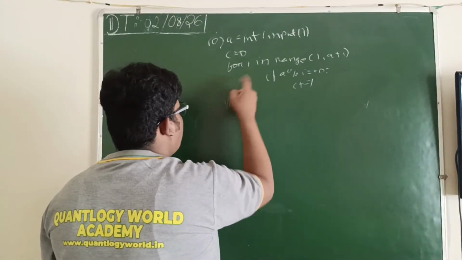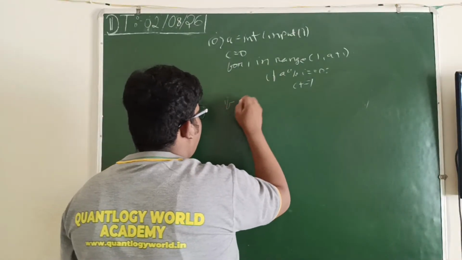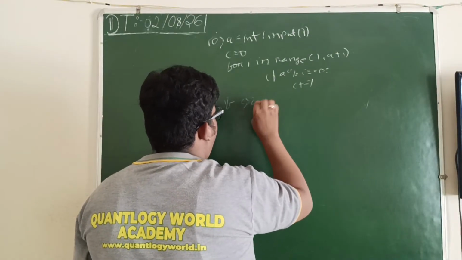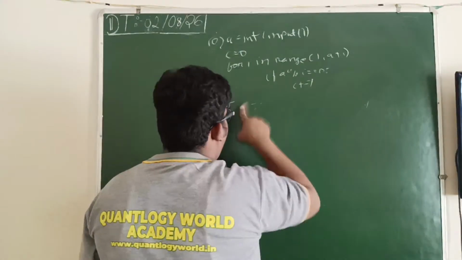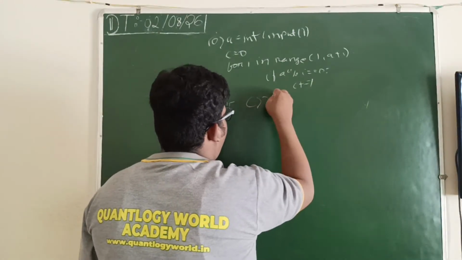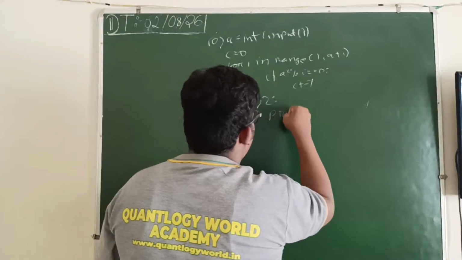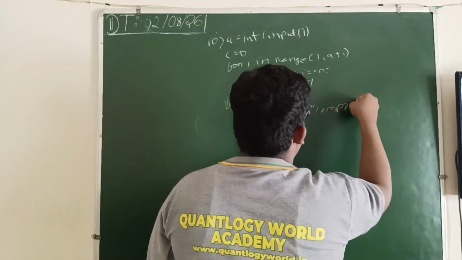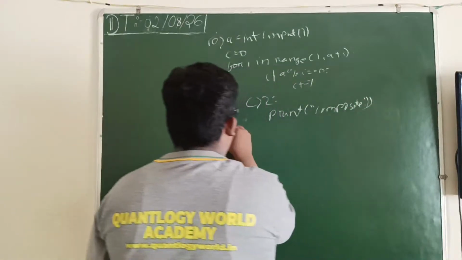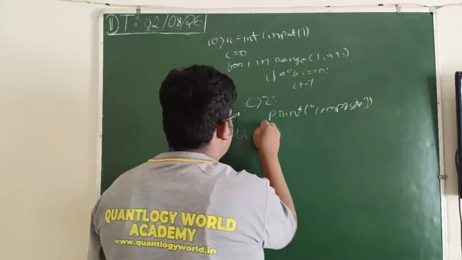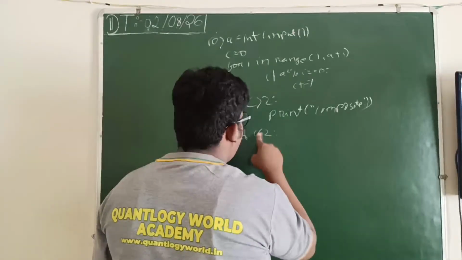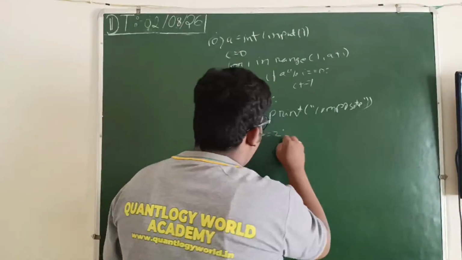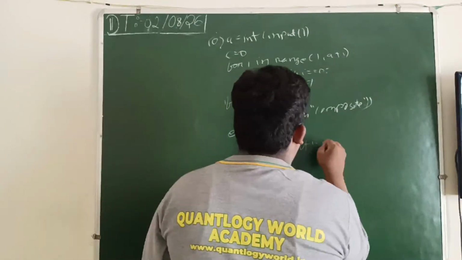Then outside the for loop, if C greater than 2, then print composite. Elif C double equal to 2, then print prime.